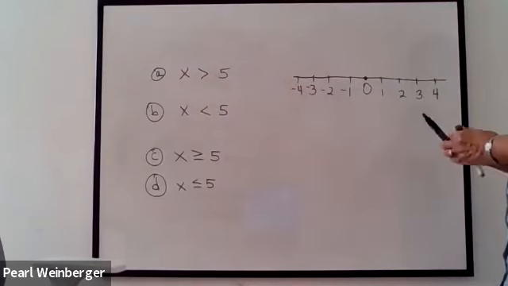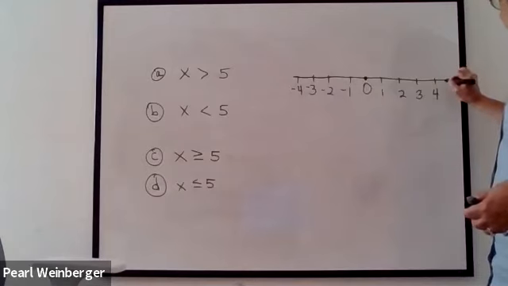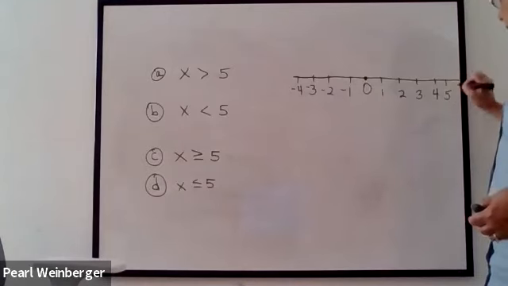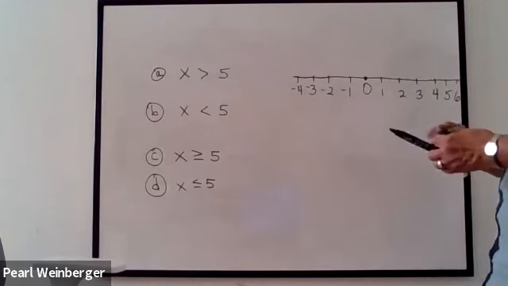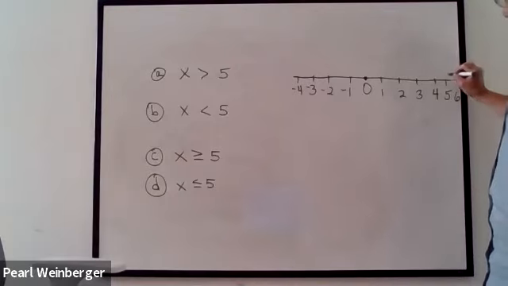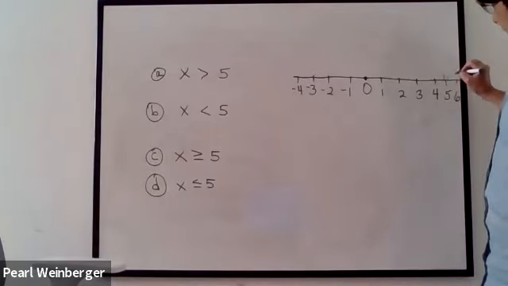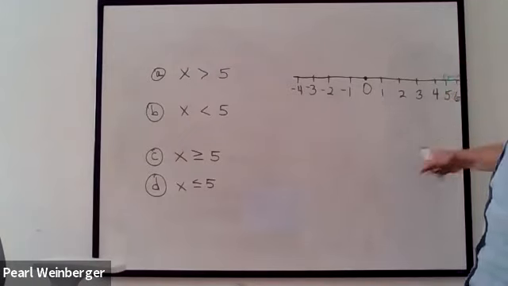On your number line, I really have to go a little further over here. Here's 5. Here's 6. To say X is greater than 5 means you're right over here at 5 and you're going to the right. Any number to the right of 5 is greater than 5.